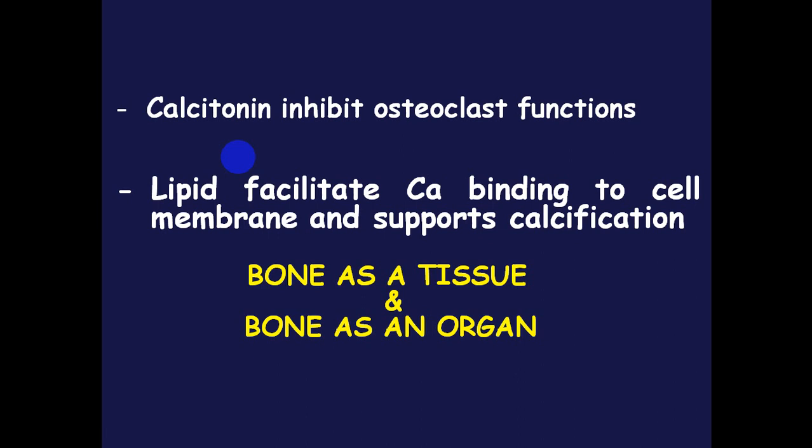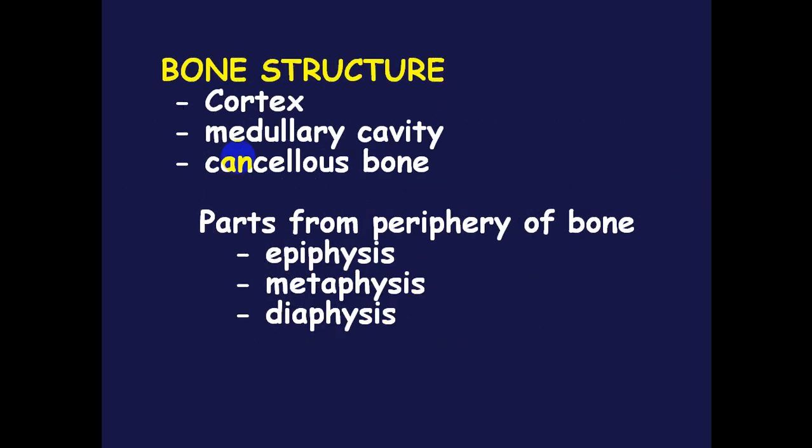So in conclusion, for this introduction, bone is actually a tissue, and the tissue of the bones will compose a full organ. Morphologically, the bone has a cortex, the outer part, and then it has a cavity that we call the medullary cavity, the medulla.